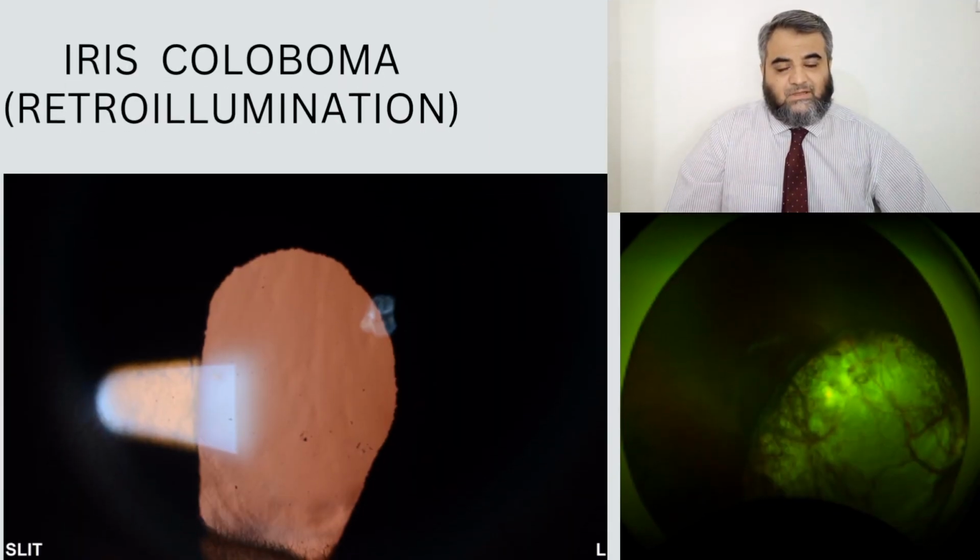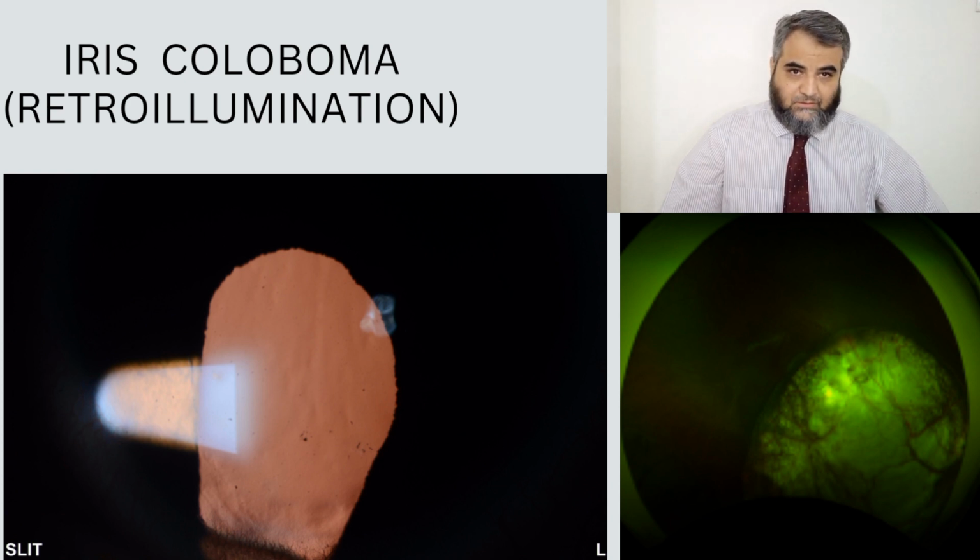Now we are using retroillumination in our slit lamp biomicroscope, and here you can see the red reflex of the retina, which shows us that the pupil is no more typically round. It is oval in appearance inferiorly, and very beautifully shown in this retroillumination.